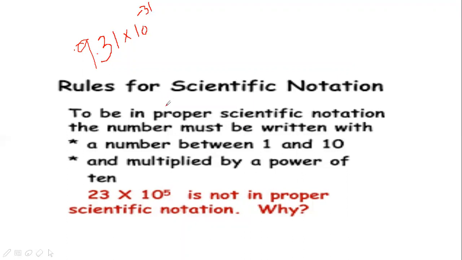The first rule is the number must be between 1 and 10. So 9 is between 1 and 10. This is for the number before the decimal place. That is the first rule.